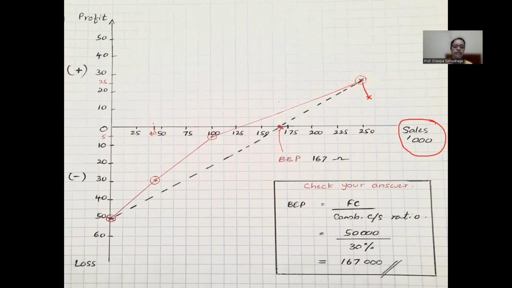Okay, so once you draw the line, the point at which it cuts the x-axis, so this is your x-axis, decides the break-even point, right?